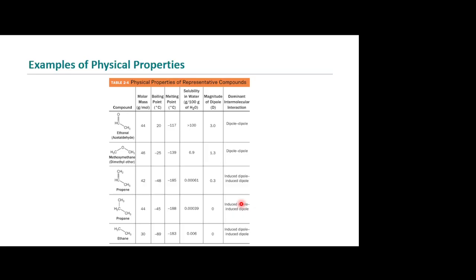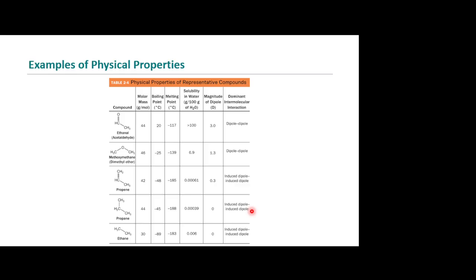Really? Huh. Yep. Most general chemistry textbooks do not use that terminology. That's actually quite unusual. So that's kind of interesting. Anyways, same thing.